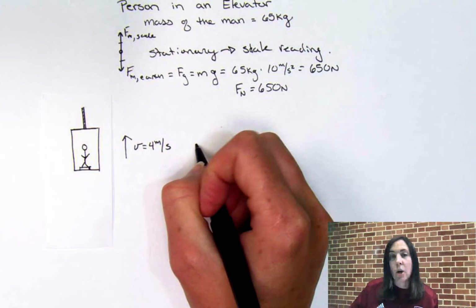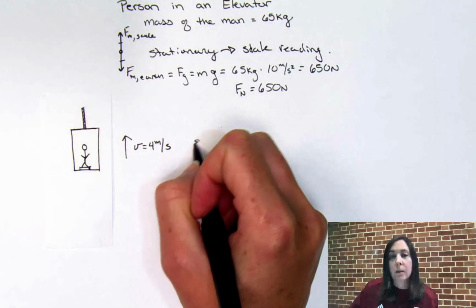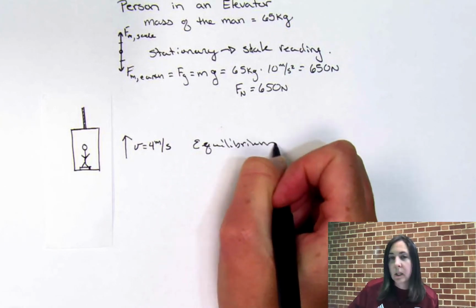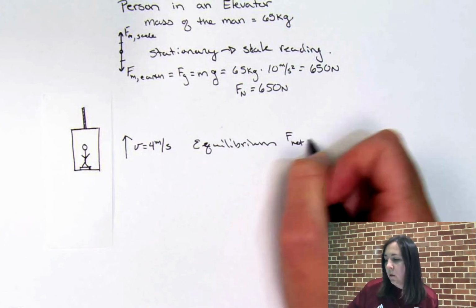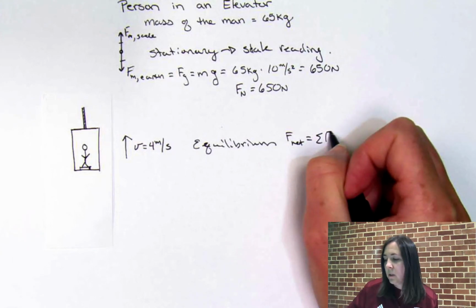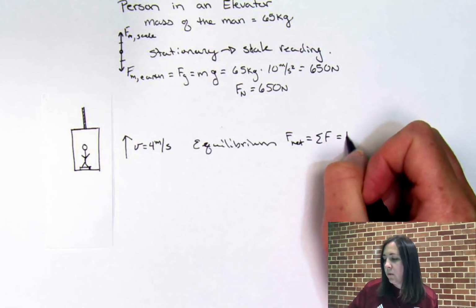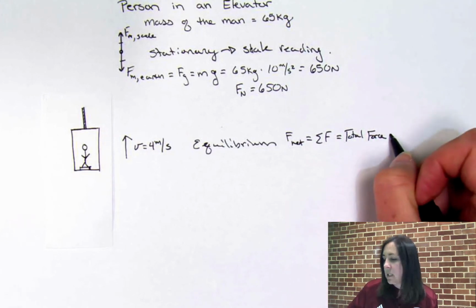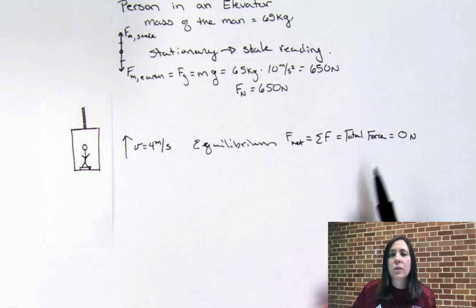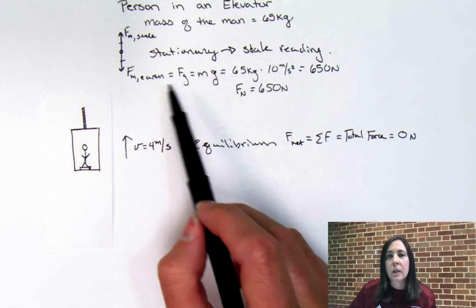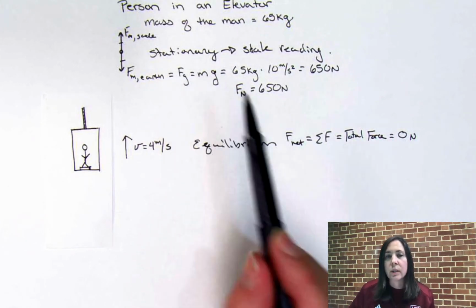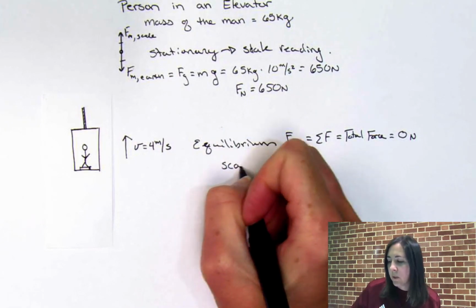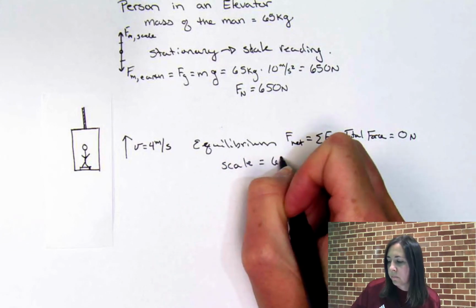And if your answer is no, then I'm in equilibrium, meaning the net force, or the sum of the forces, or the total force, all of the forces, is equal to 0 newtons. So this is no different than the stationary situation here. So the scale reading will still read 650 newtons.